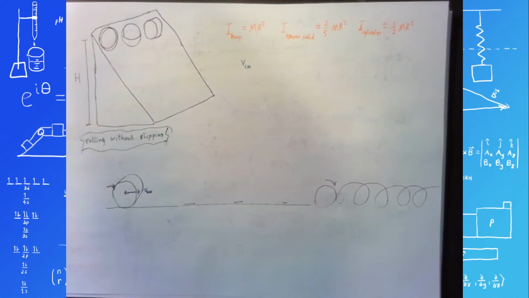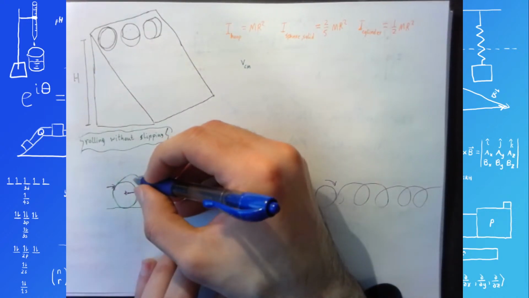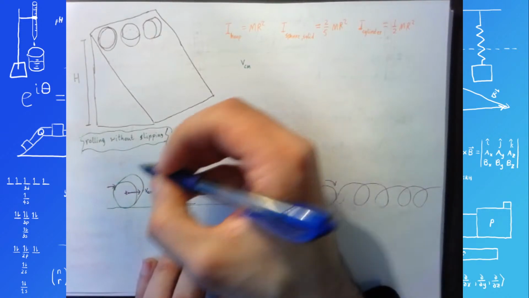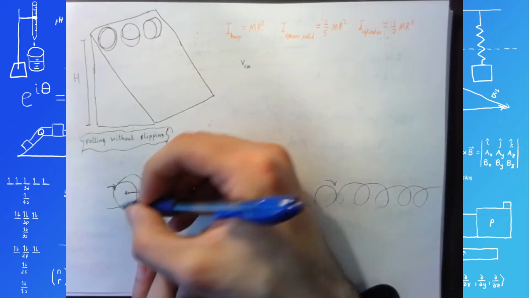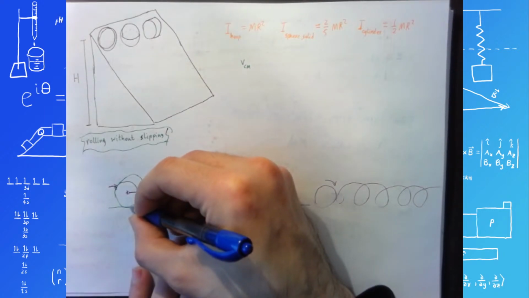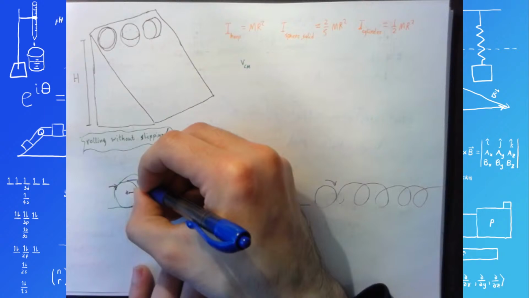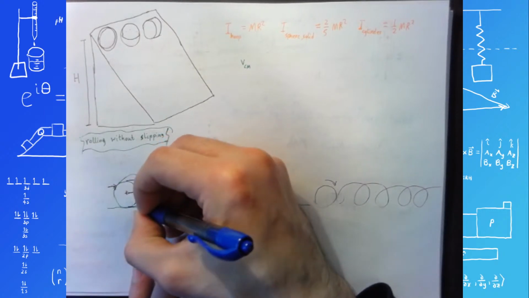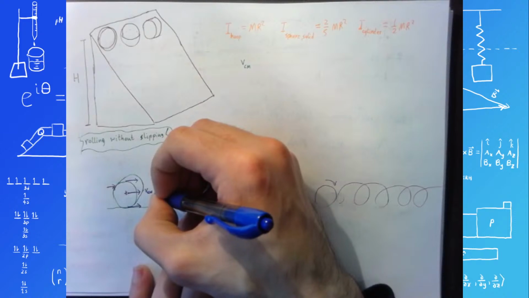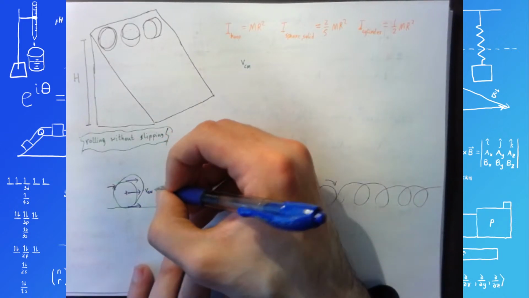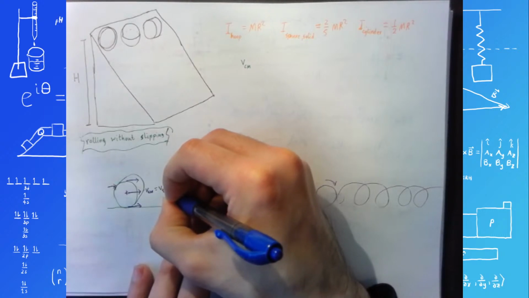So whatever the velocity of the center of mass is, that is one velocity that the whole entire object has. That is a part of the velocity that the entire object has. So every point on this object is going to have a velocity of the center of mass, the translational velocity of the whole object. So I'm going to call this V tran.